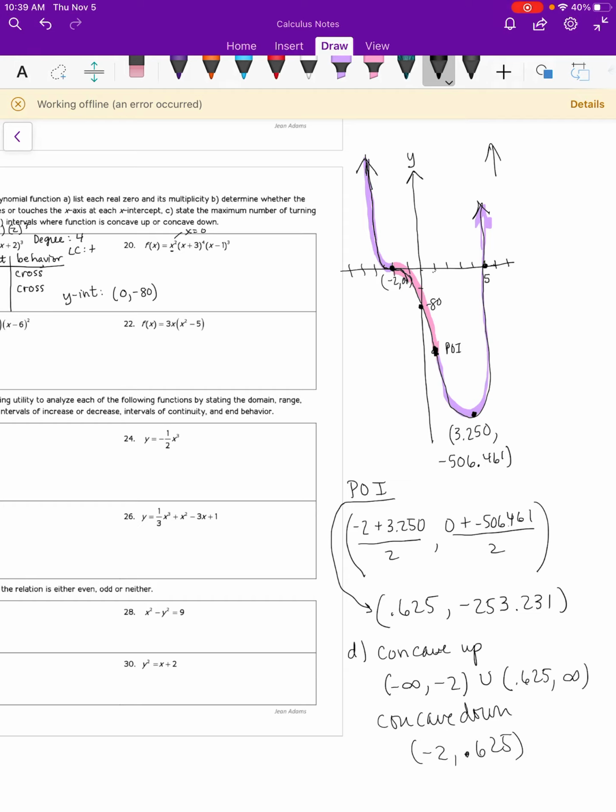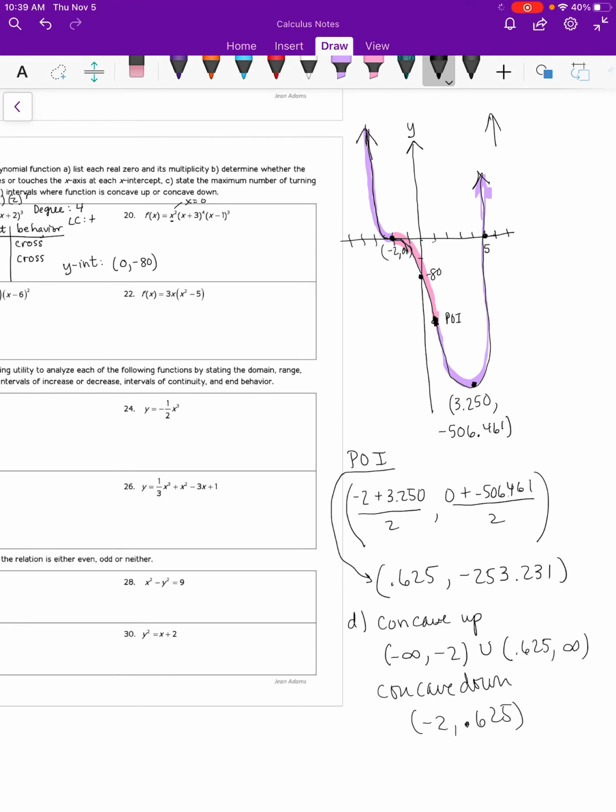So you're using the x's to say where they are. So that was your part D.